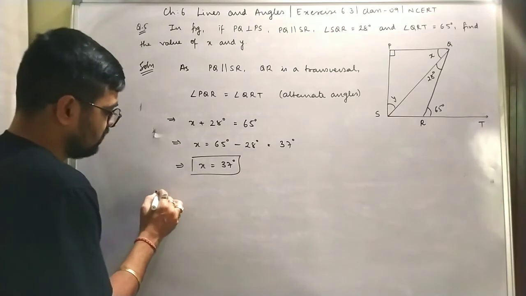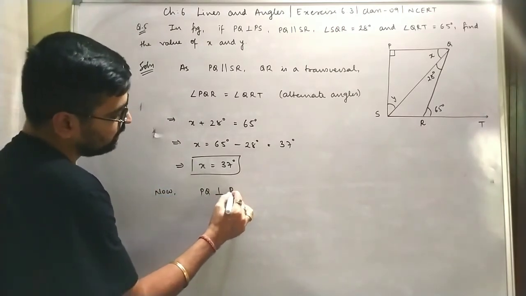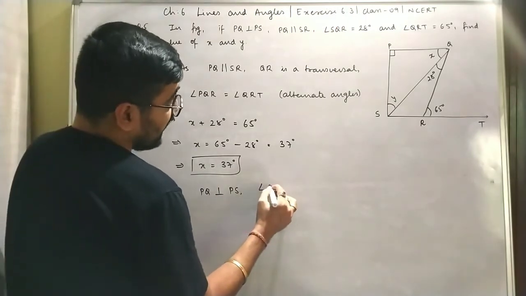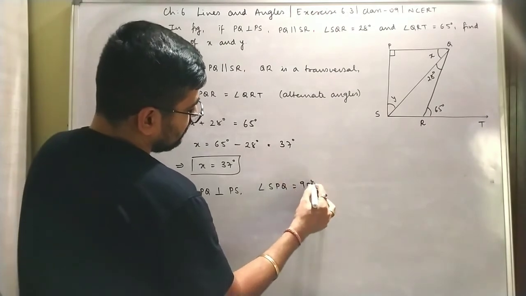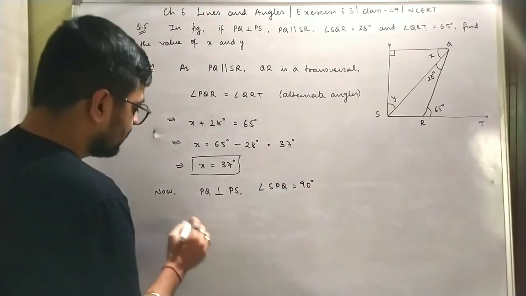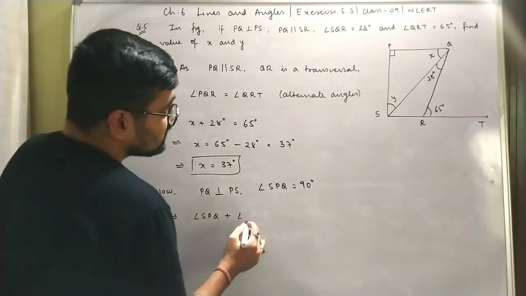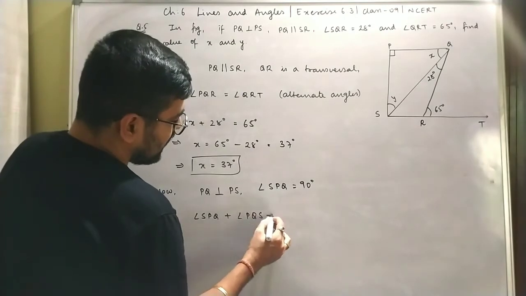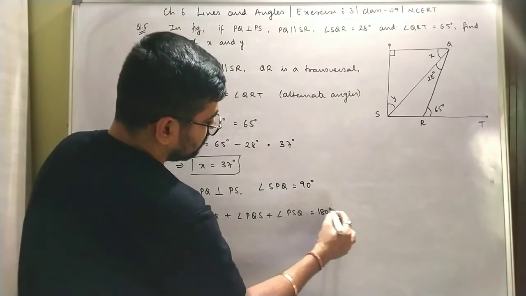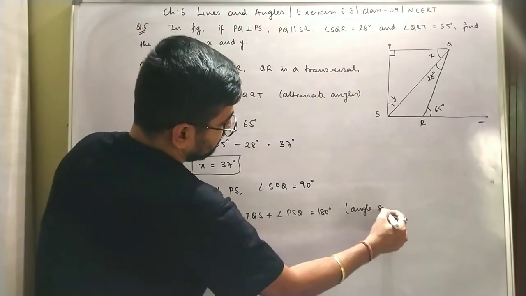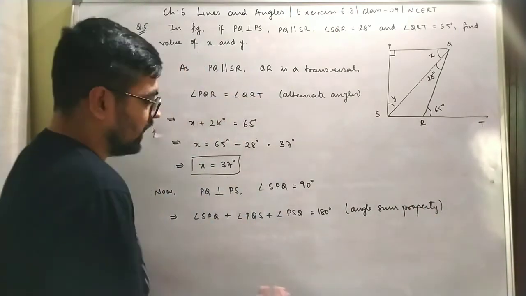Correct. Now I know again PQ is perpendicular to PS, that is angle SPQ is equal to 90 degrees. This implies angle SPQ plus angle PQS plus angle PSQ equals 180 degrees, angle sum property. Correct. In a triangle we can apply the angle sum property.